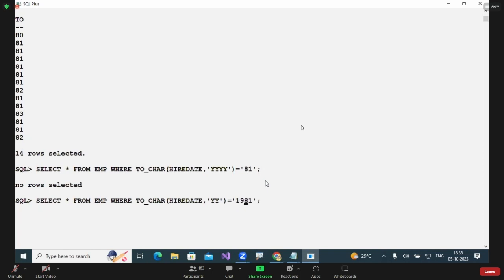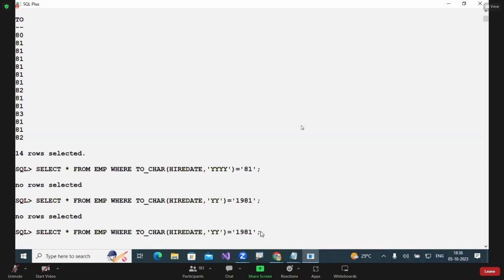Again a problem, because my TO_CHAR function returns the last 2-digit format, but your comparison format is 4 digits. Again it does not consider your request. So the conclusion is, whichever interval you are passing, the value should be given in the same format. Then only comparing is possible.